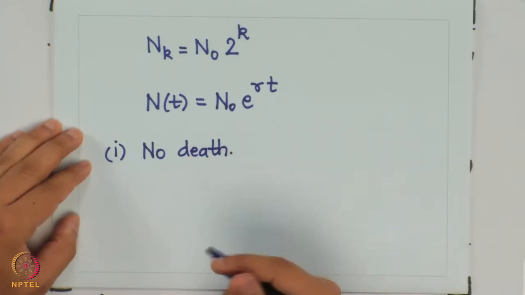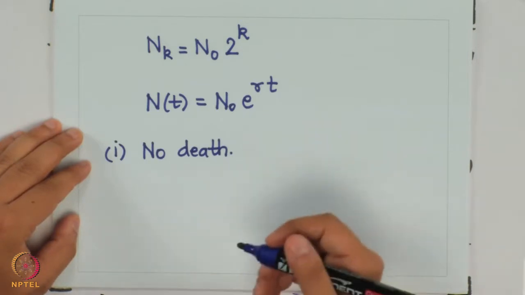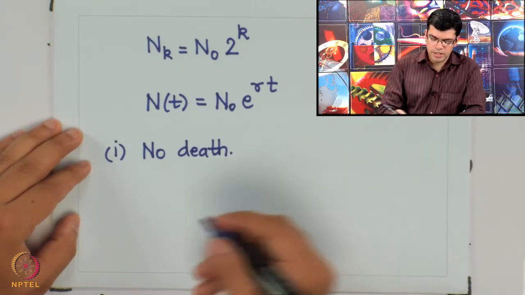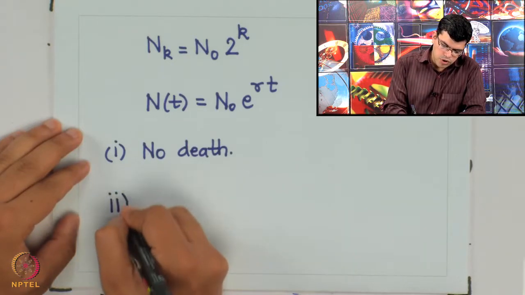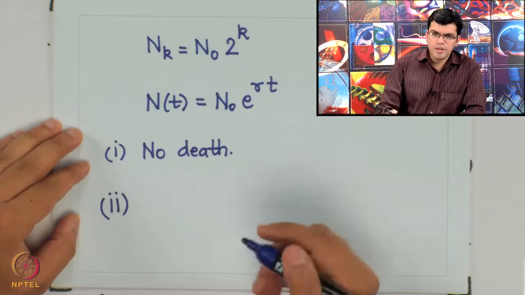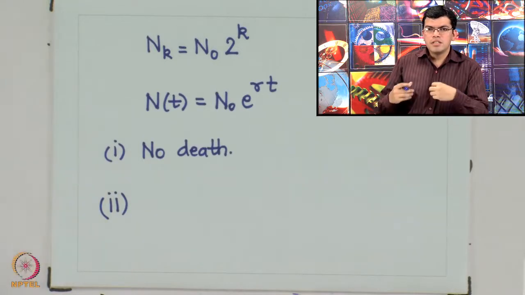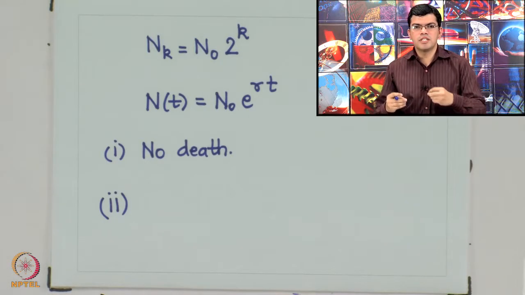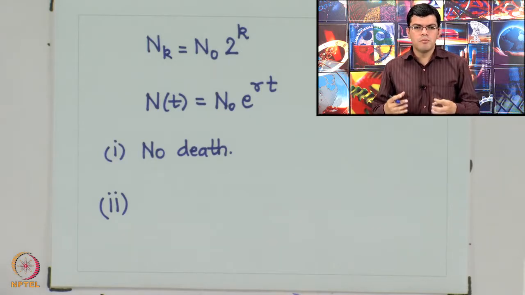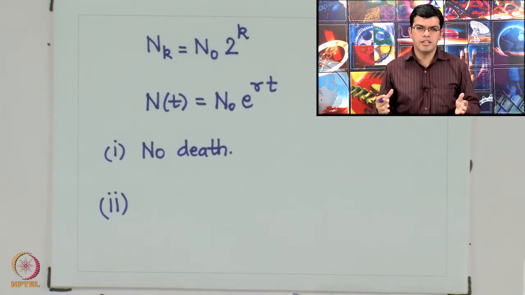So that's the first thing that we want to incorporate in our models as we move towards more realistic models of bacterial growth. And the second thing we want to incorporate is that unconstrained growth for 3 days, we want to understand how likely it is in real environments. In real environments, constraints are very likely to set in very fast, and competition for resources would mean that resource availability becomes a constraint and bacterial growth slows down because there are just not that many resources available to support growth for every single individual bacterium.